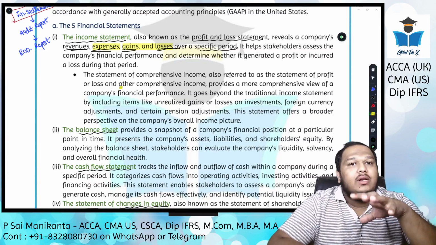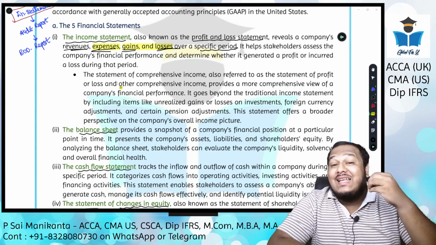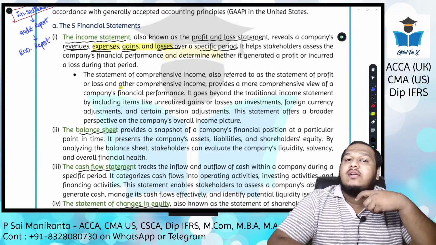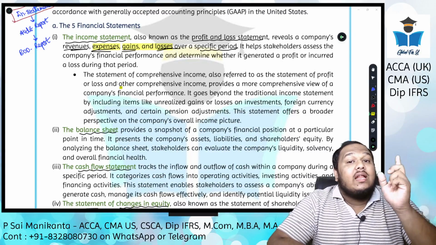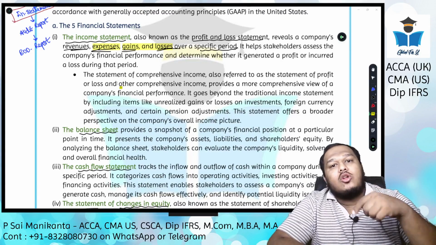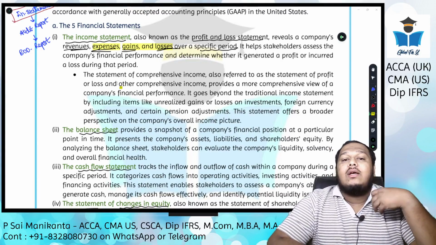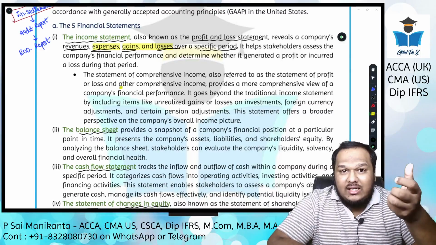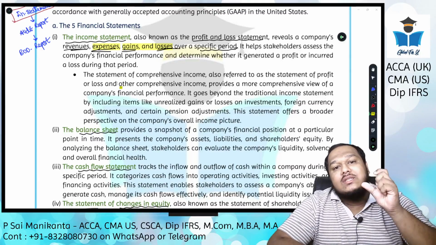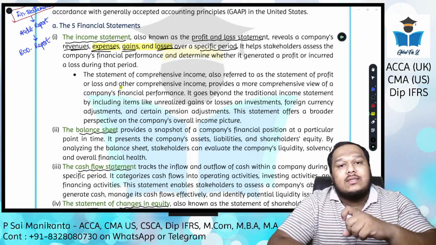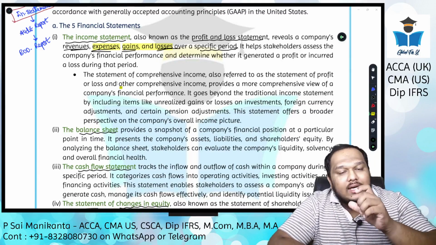Like for example, I pay salary. That is an expenditure. I sold a property at a loss. That is a result of a transaction. An expense is something that you actually spend or incur, whereas a profit or loss is an outcome of a transaction. It is a result. Net gain or net loss, that is a result.